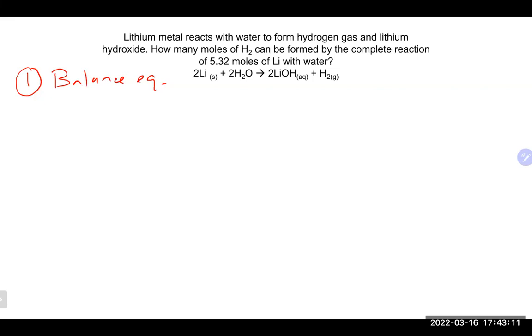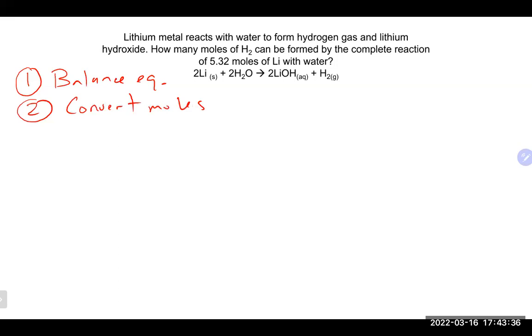So if you're given an equation, you do want to take a second just to make sure it is balanced. Probably if you do see numbers in it, it's most likely balanced for you. But if you definitely don't see any numbers in the equation, you should take a really hard look at it and make sure that it is balanced. Once you have a balanced equation, the next step is whatever they gave you, you want to convert into moles.